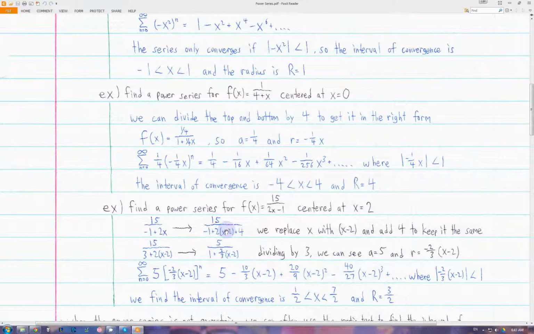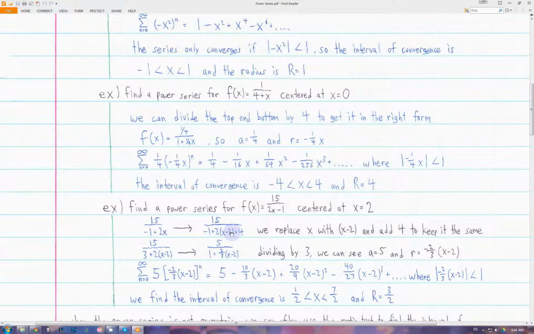So we replace the x with x minus 2, but when we do that, we need to add this 4. Because if we distribute this 2 here, we get plus 2x minus 4. So we can't actually change anything, so we need to add this 4 to cancel out with the minus 4 that we made by replacing the x with the x minus 2.